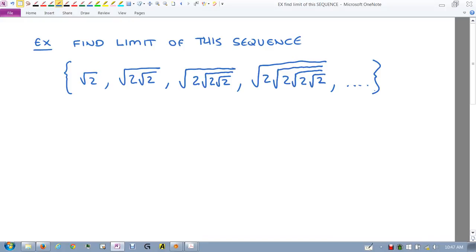Now, you don't want to break your calculator out and start doing this. You agree with that? How could I rewrite the next one using powers?